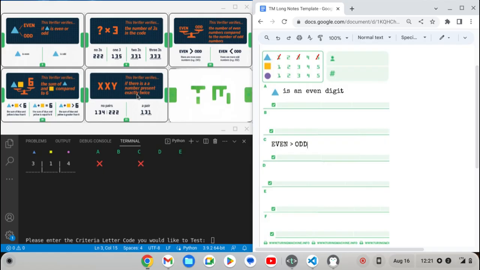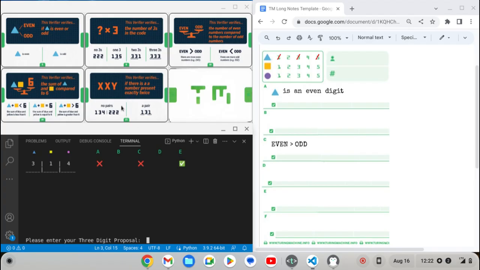So let's go ahead. Next thing is let's test criteria card E. Okay, so in this case, notice that it does agree with my proposal. Notice that I do have all distinct digits. So that means that there is no pair.